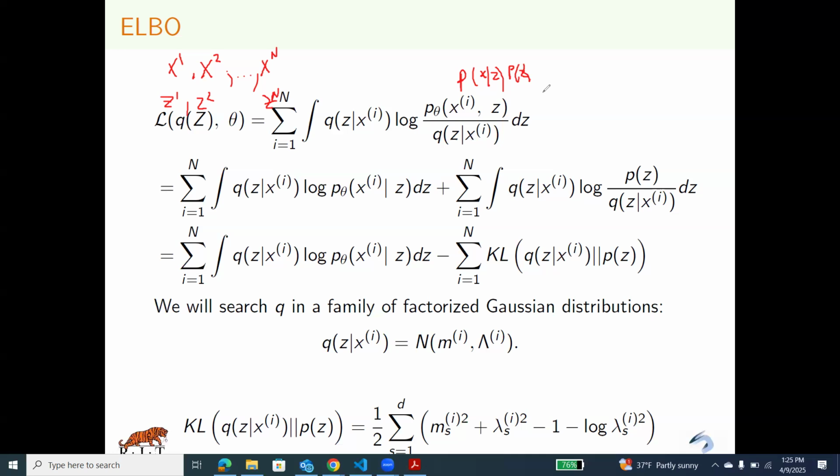Actually, we have in the output just parameters of our distribution, mu and diagonal matrix sigma. But if we know the parameters, then we know the distribution.